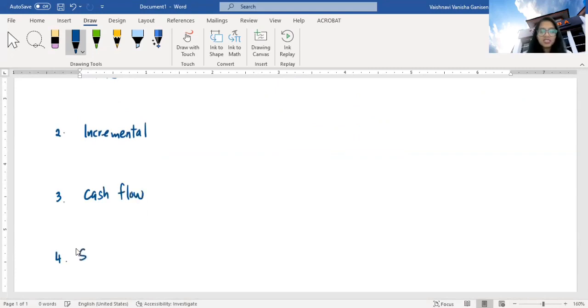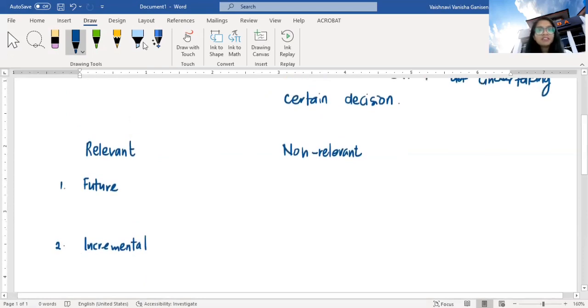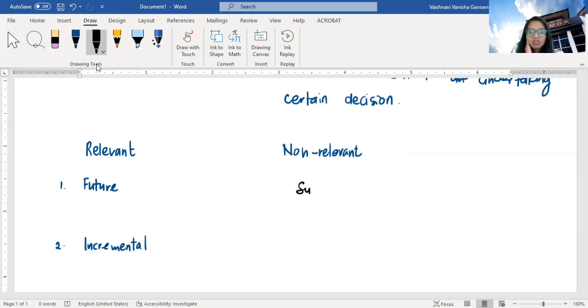Finally, it has to be a specific cost. Okay. A non-relevant cost, on the other hand, since you already know what is relevant, now the opposite. Non-relevant cost is a sunk cost.